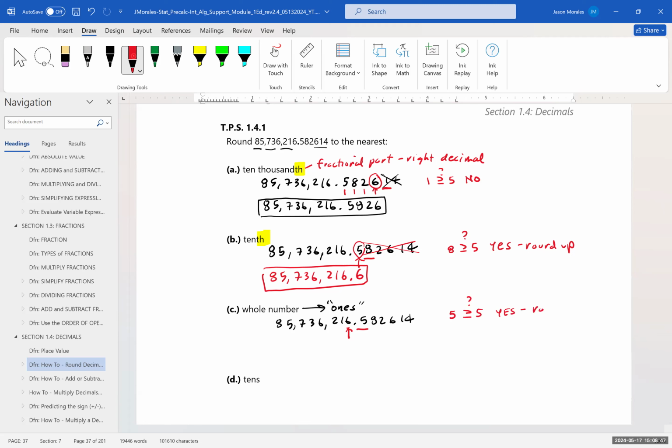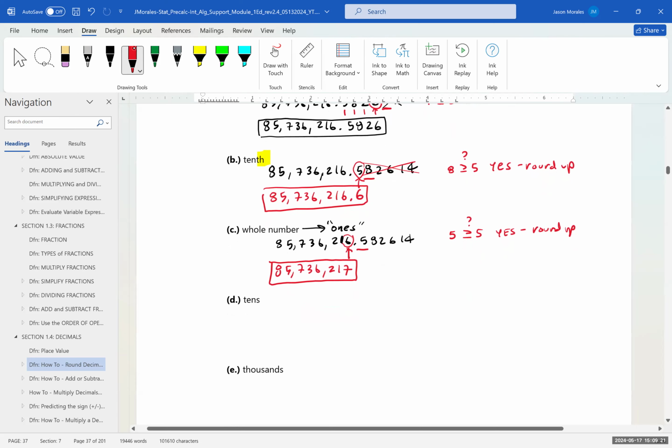It is. So we're going to round up. So we're going to round up this 6 to a 7. So we're going to have 85,736,217. I got a little confused there because this 1 got obscured. Okay, so this would be that decimal number rounded to a whole number.